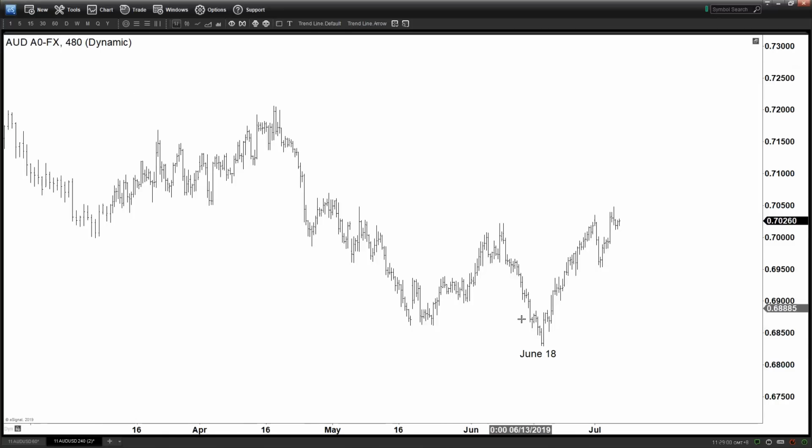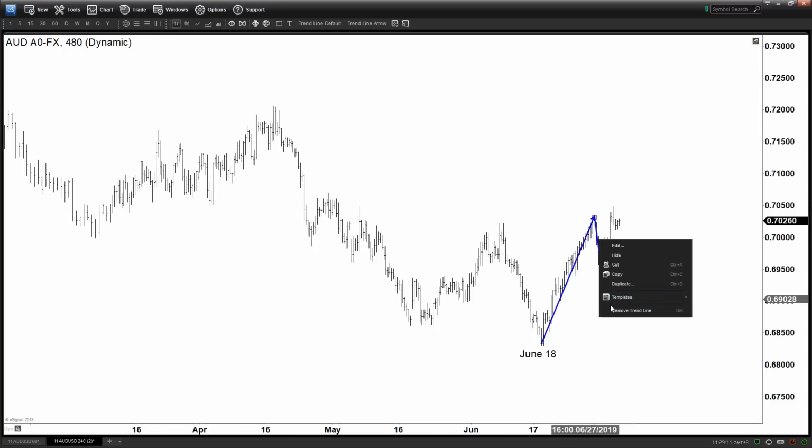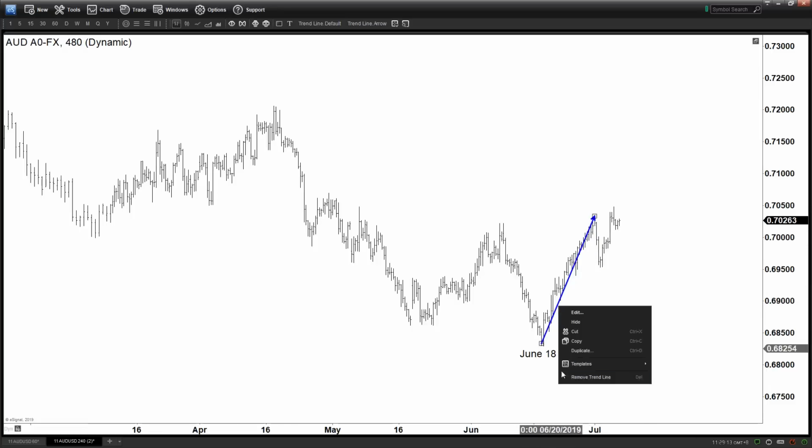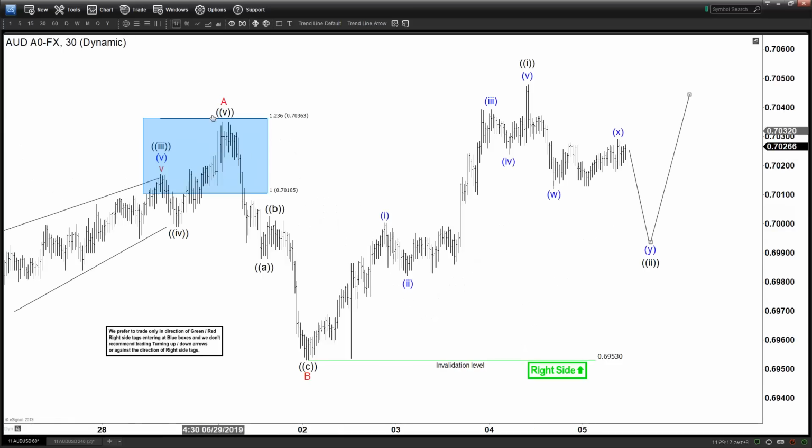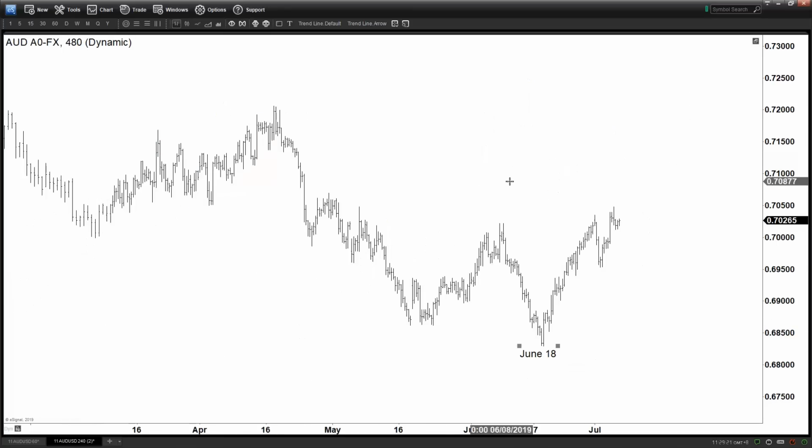So now this is the Aussie dollar on the 4-hour, zooming out from June 18. We can clearly see a high sequence, it's very clear. So this is looking impulsive, and that will end you with A here. This is the one that you see in the shorter cycle in the 30-minute chart.